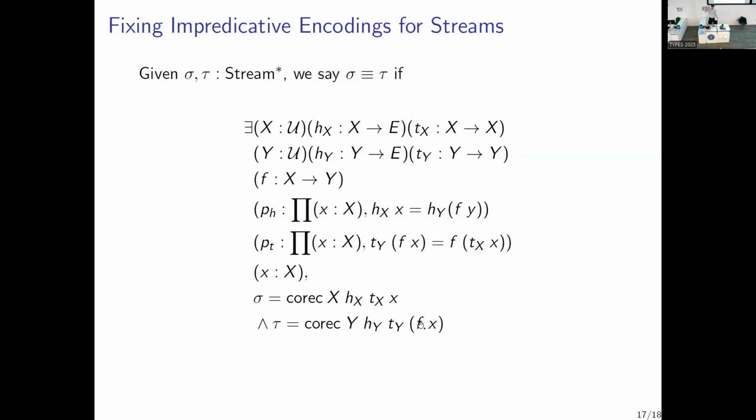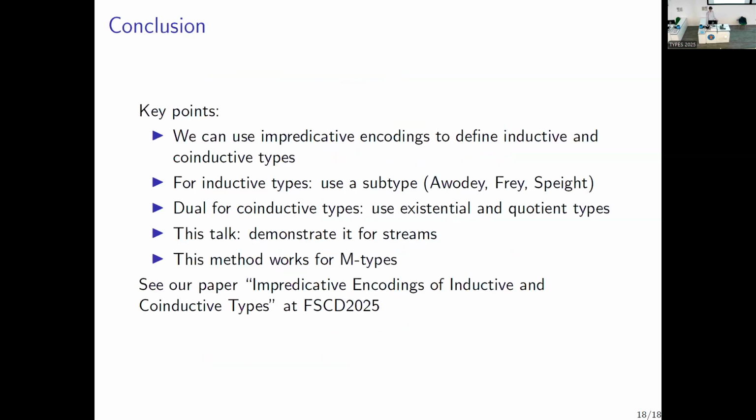If we define this relation on stream, we can take a quotient, and that allows us to prove the co-induction principle, and we get a perfectly nice stream type. This idea works perfectly well for M-types.